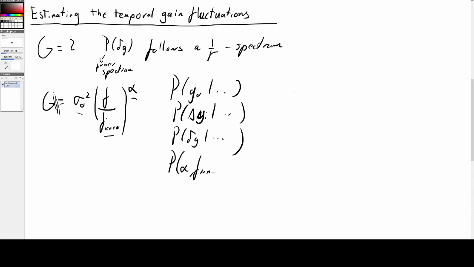So alpha, f_knee, and then typically sigma 0 is a parameter that follows from data or from something else. So we estimate alpha and f_knee given sigma 0 and everything else.